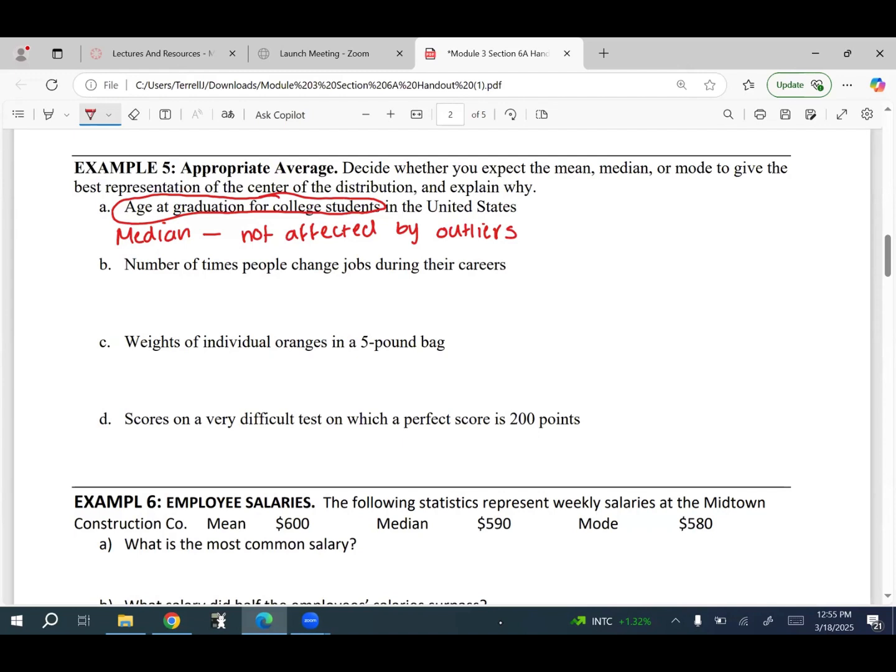There may be some people that stay with the same job for years or decades, but then there are a good portion of people that change their job every 3 to 5 years. So because there is a greater potential for outliers in this scenario, the median would once again be the best representation.